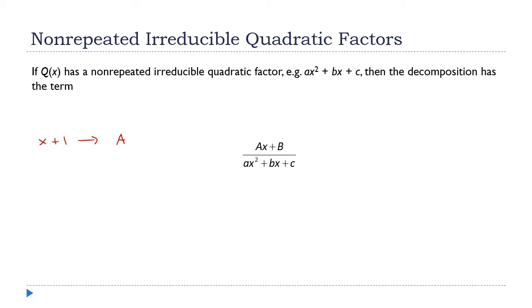I'm going to do the same thing with the quadratics. If there's a quadratic factor in the denominator that I can't factor further, that I can't break down to linear factors, then I'm going to put a linear factor in the numerator in my decomposed version.